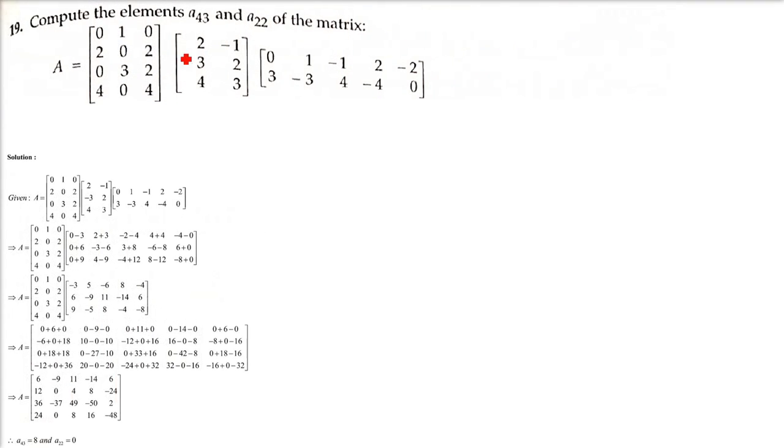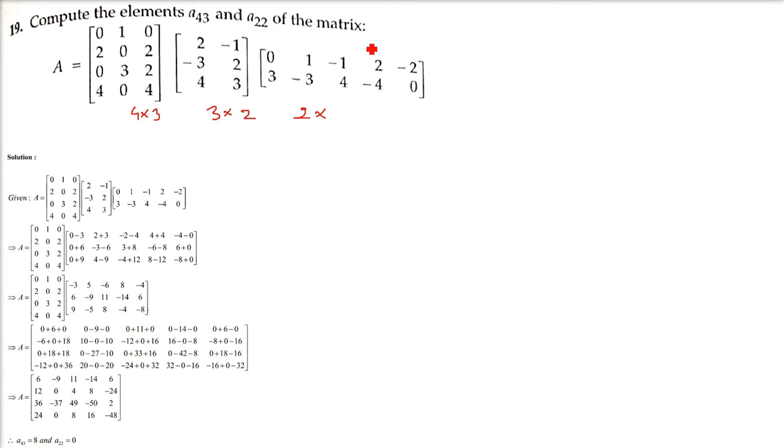Okay, compute the elements A32 and A22. So first we have to multiply, and whichever result is going to come, we have to pick certain elements from that final matrix. The first one is 4 by 3, the second is 3 by 2, the third one is 2 by 5, that is 2 rows and 5 columns.